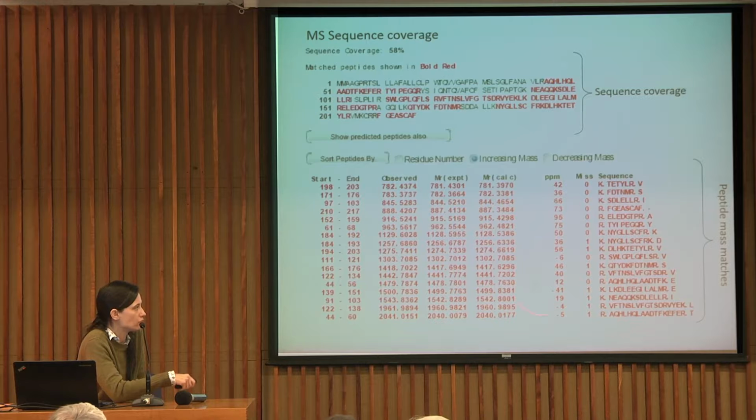All this information is theoretical, so the only experimental thing we have over here is the observed masses that match these theoretical masses with this allowed error tolerance. And then based on all the peptides that we're assuming that we are seeing, we can generate a sequence coverage map. That is to say, in the theoretical sequence of the protein, we color the observed peptides and we get a sequence coverage percentage.